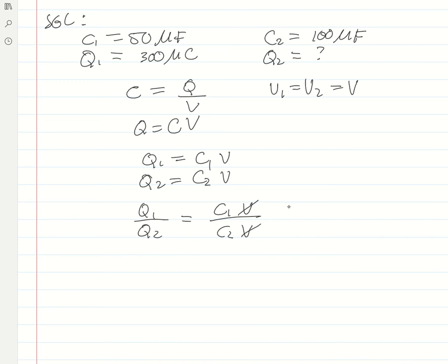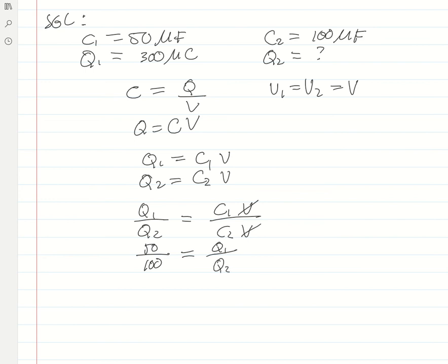Therefore, Q1 over Q2 is proportional to C1 over C2. Then we can substitute the values: C1 is 50 microfarad, or just 50, and C2 is 100, since the micro will cancel out. And this will be equal to Q1 over Q2.